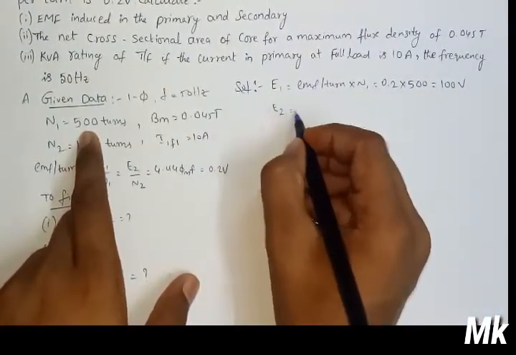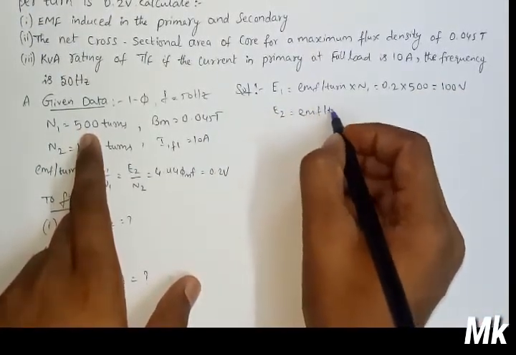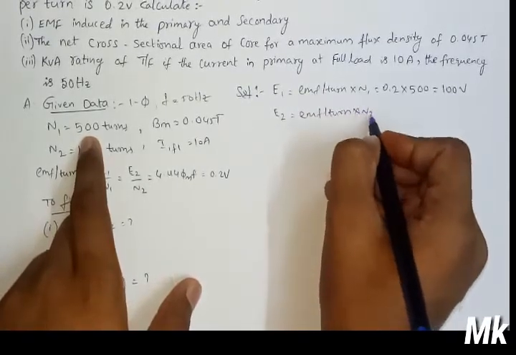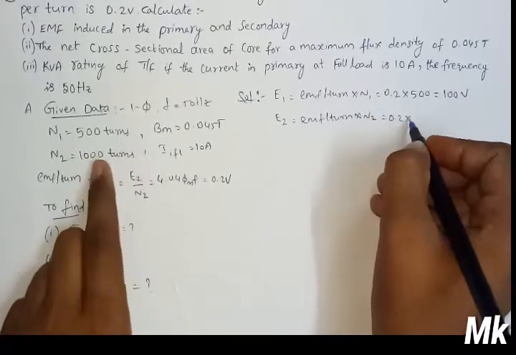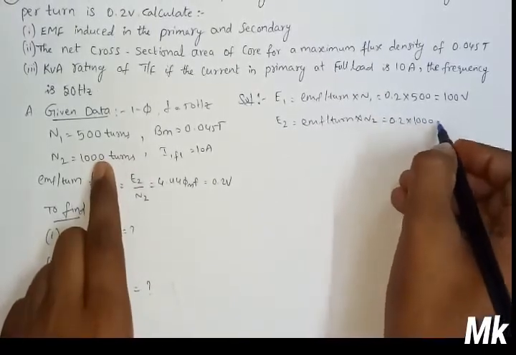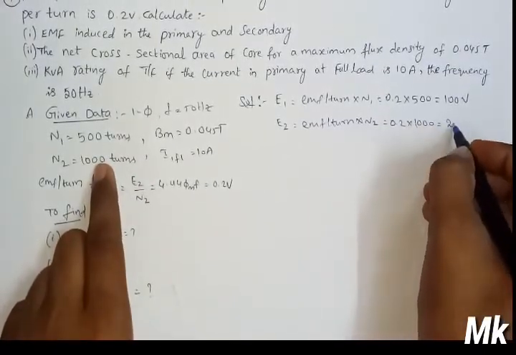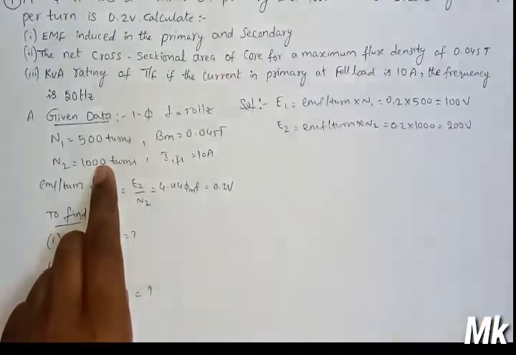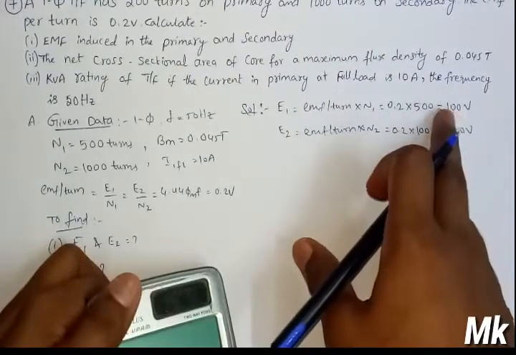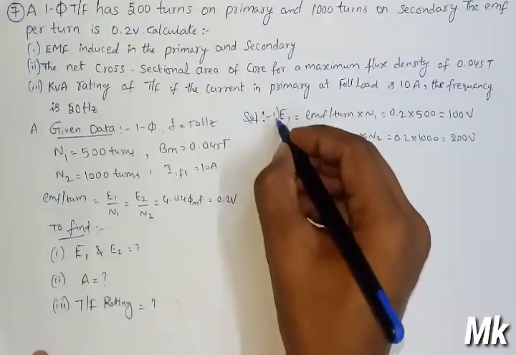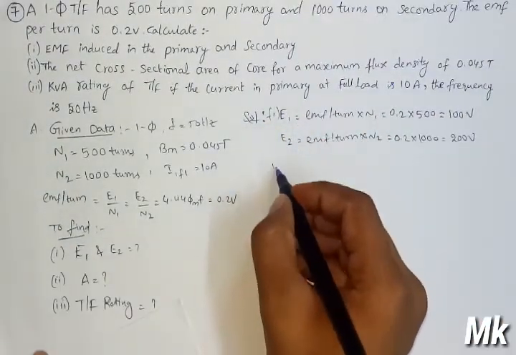Okay, E2 is EMF per turn into N2, then here 0.2 into 1000 turns, N2 is, so 200 volts. So this is the first question solution.